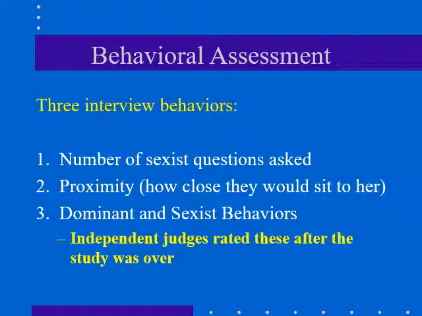And the third one is the reason why we videotaped our guys, and that is to have independent judges rate them after the study was over by watching the videotapes, and they rated them on how dominant they behaved during the interview and how sexist they behaved during the interview.